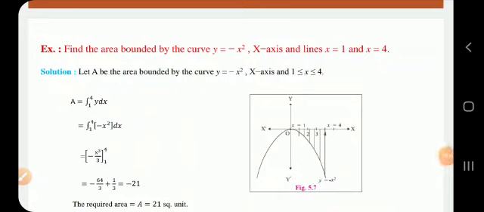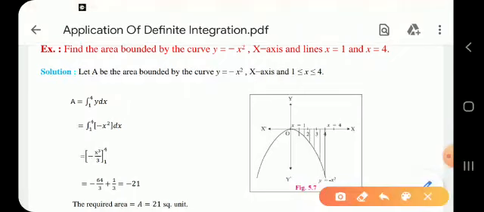Now in the second example, find the area bounded by the curve y is equal to minus x square, then the x-axis and lines x is equal to 1 and x is equal to 4. So we consider the curve y is equal to minus x square, and this curve is like this.